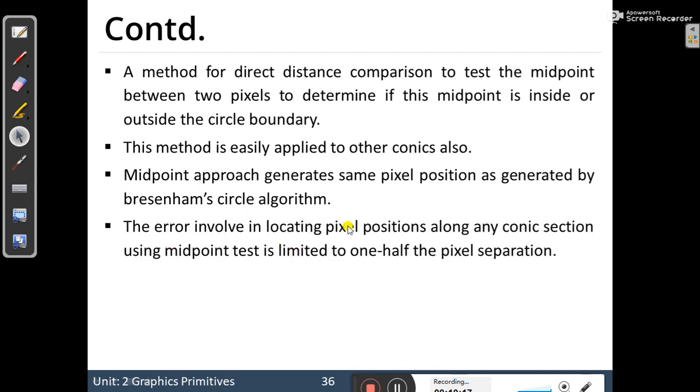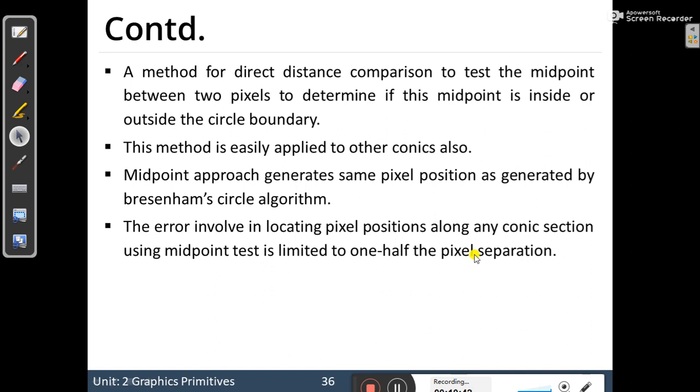The error involved in locating pixel positions along any conic section using the midpoint test is limited to 1/2 the pixel separation, because we are taking the midpoint. That is why the error is at most 1/2 of the pixel separation, which should not be more than 1 pixel.